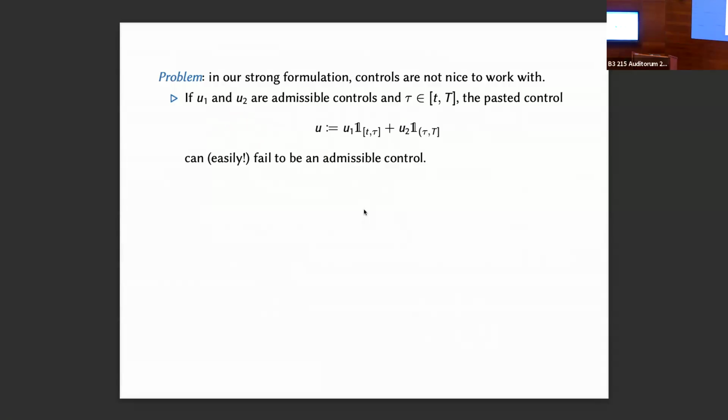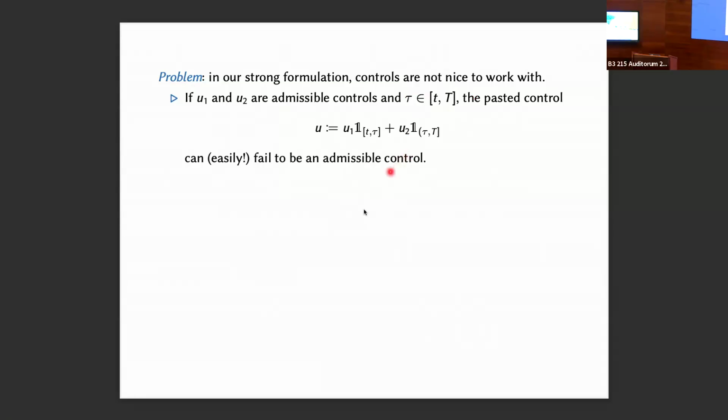They take values in some set, but the most important feature that they have is they must be adapted to the filtration that their associated state generates. And now I pick some arbitrary time, tau, that could be a deterministic time somewhere in the future. And now I decide to follow U1 up to time tau, and then I switch to control U2. And this easily fails to be admissible.